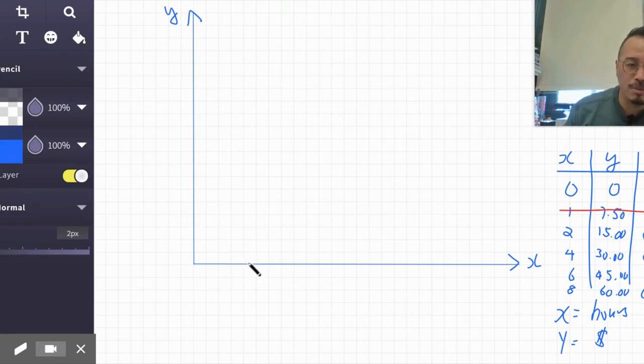I'm going to skip 4. So I'm going to do 1, 2, 3, 4. 1, 2, 3, 4. And then here for the vertical axis, let me label that 0, 2. Is that right? Yeah, that's fine. I'll do 2, 4, 6, 8.